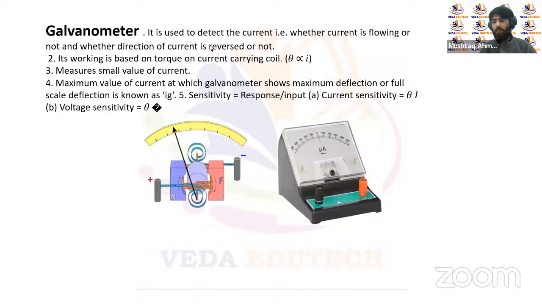And it's the same galvanometer which is used to construct the ammeter and voltmeter as well. With some specifications or modifications done to the galvanometer, we actually get the voltmeter and ammeter. Let's see what modifications should be done on a galvanometer so as to get an ammeter and voltmeter of some specified range of measurement.